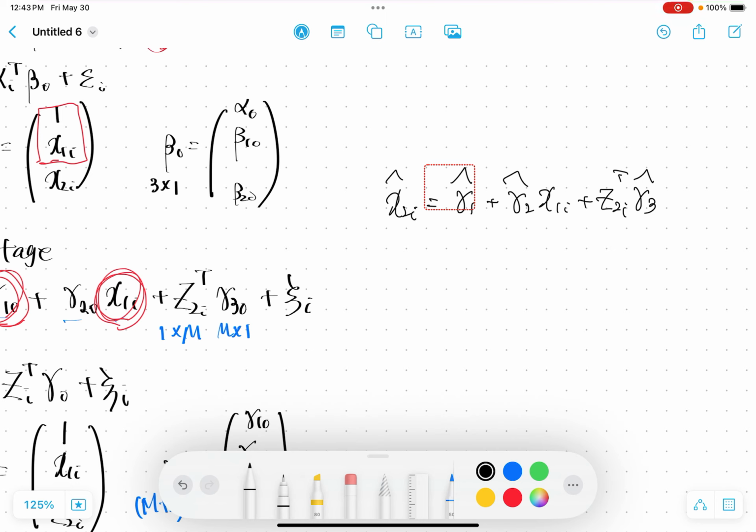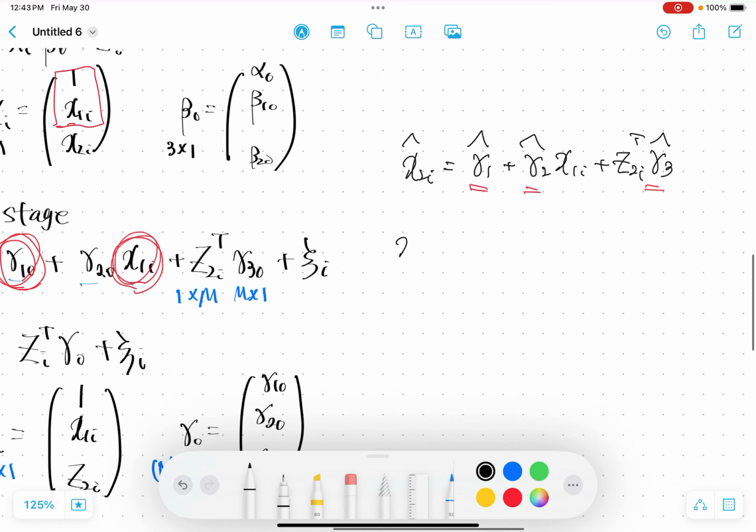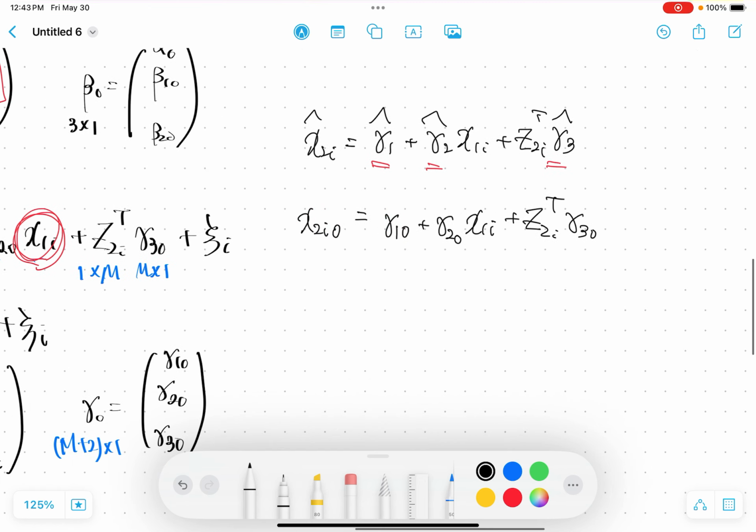Same regression, just the predicted value of x2. So of course gamma hat are the estimators, usually the OLS estimator. On the other hand, I will define another notation, say x2i0. The notation is not ideal, but you'll see what I'm doing here. So gamma 10, gamma 20, gamma 30 are the true values of gamma. If you know them, you can calculate a better predicted value of x2.